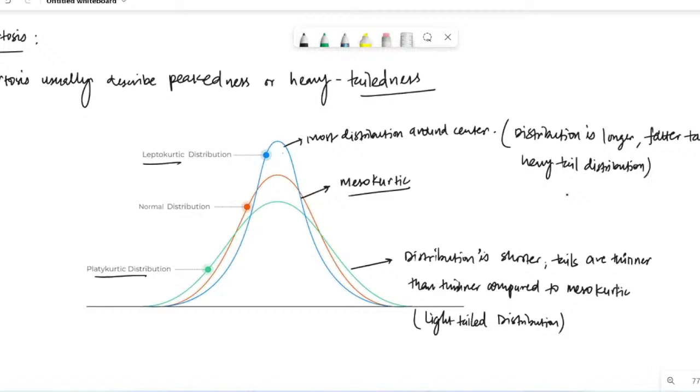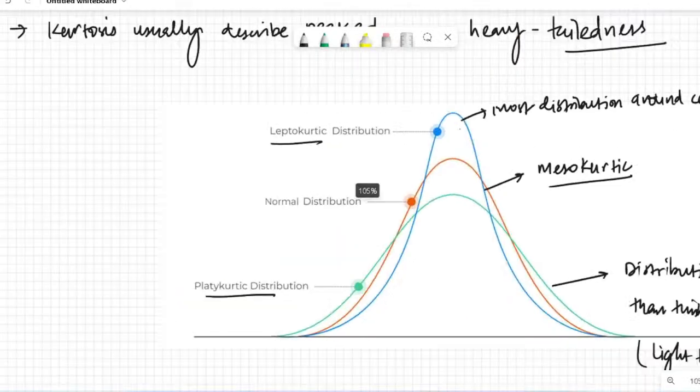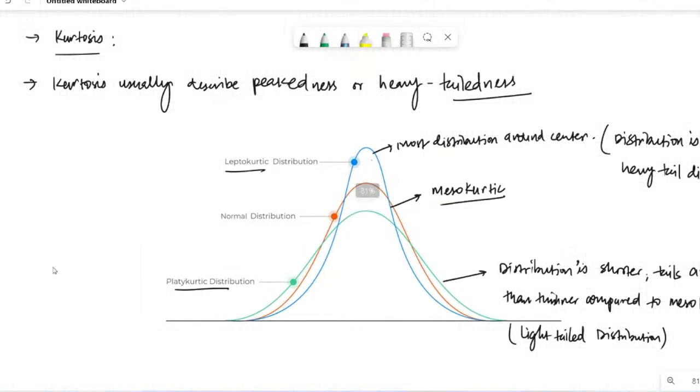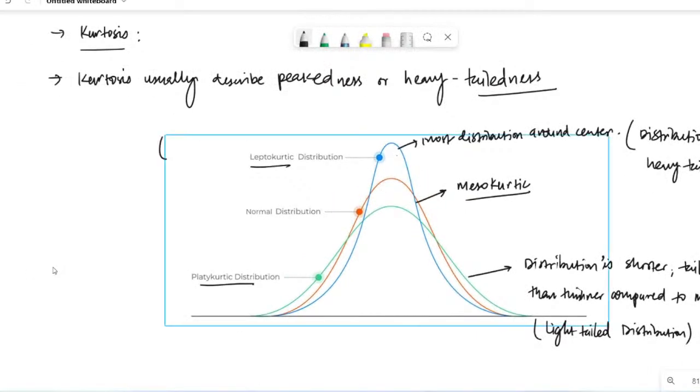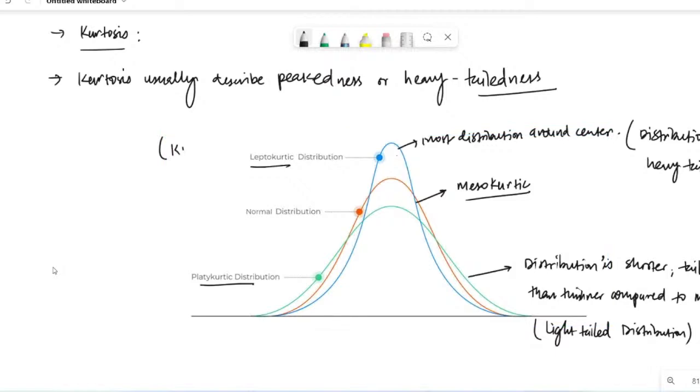We have values such as kurtosis equal to 3, kurtosis greater than 3, and kurtosis smaller than 3. Leptokurtic, the long tail, will have a kurtosis value greater than 3, and platykurtic will have a kurtosis value smaller than 3. Mesokurtic is your normal distribution.